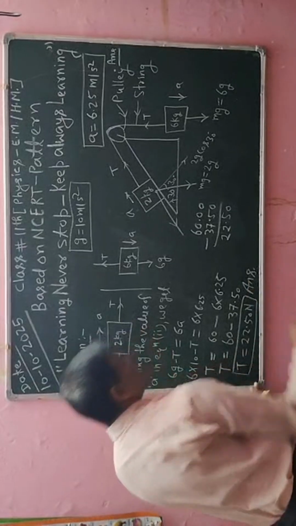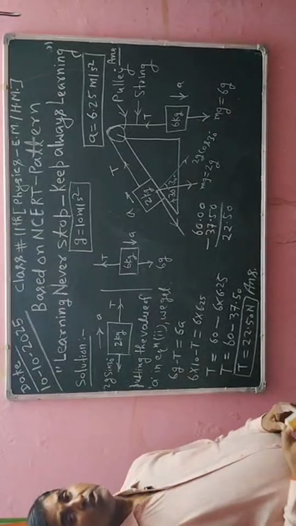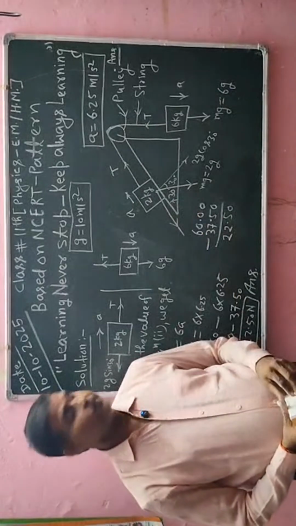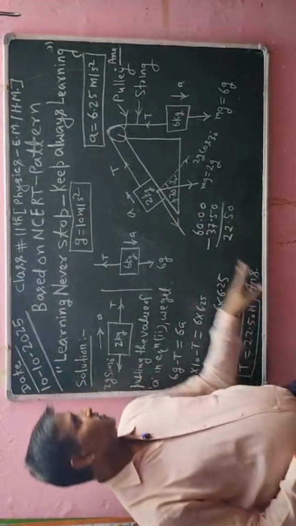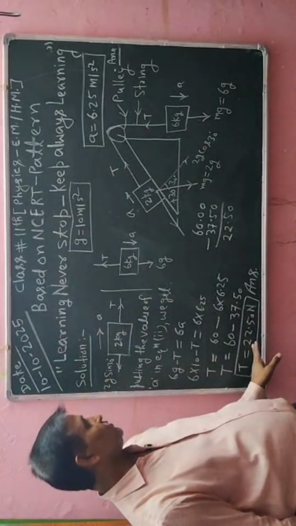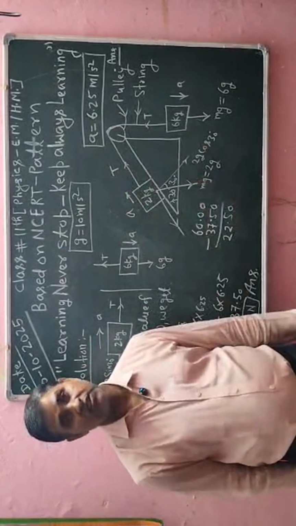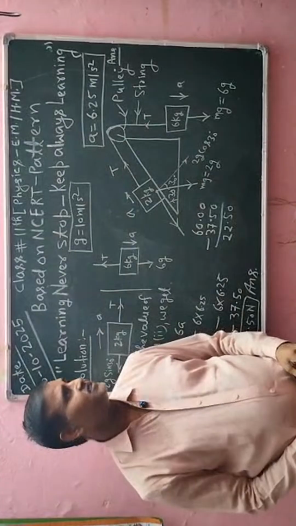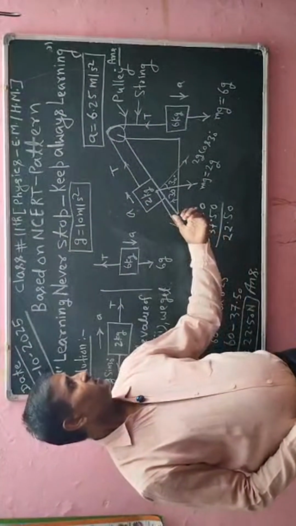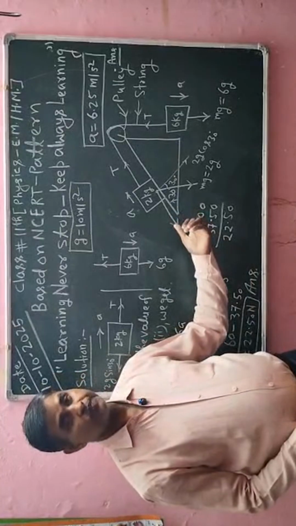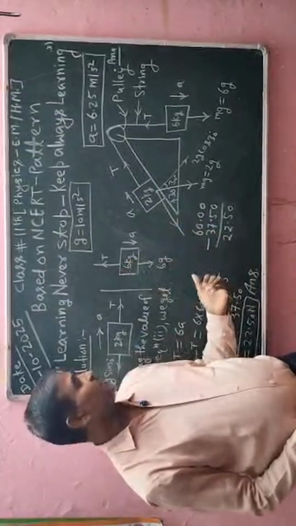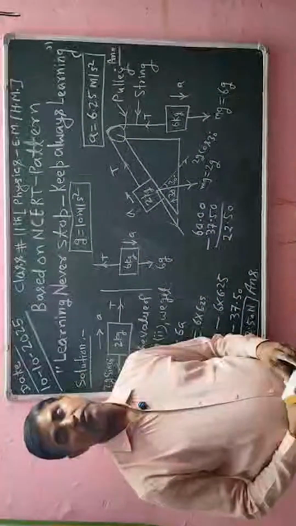Okay, students, so according to this way, I have got the solution of the given diagram. This is the acceleration value, and also this is the tension value which is existing in the string. I hope you understand the solution of the diagram. I have got its value in two situations.